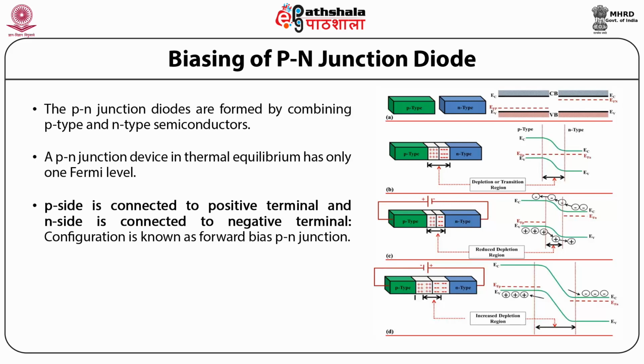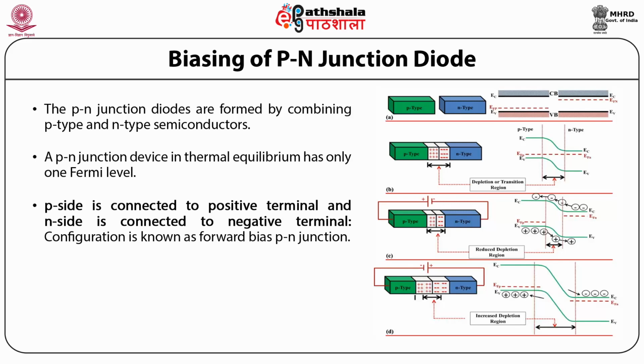Hence, the internal energy barriers will be reduced and the electrons can easily enter the P material and holes into the N material. As there are sufficient electrons in the N region and holes in the P region, they are available to cross the barrier, hence the current flow increases sharply.